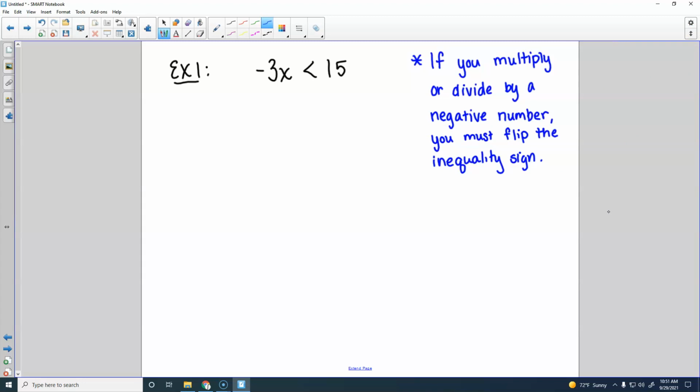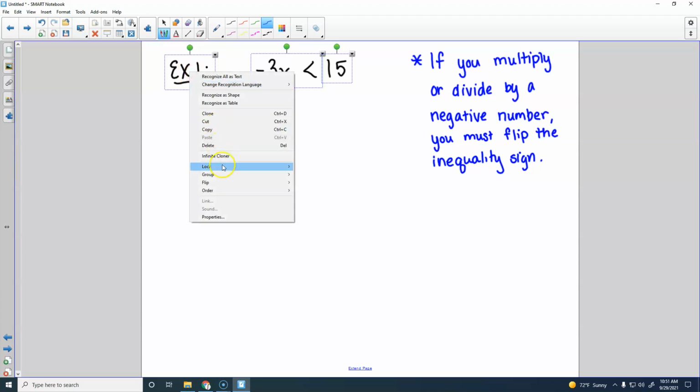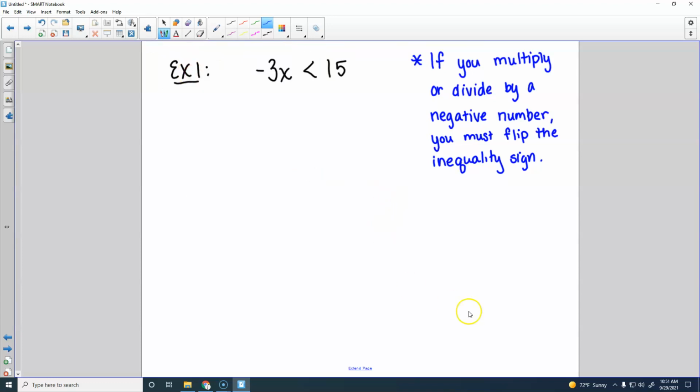Okay? So, for a second, put your pencils down. Don't write what I'm going to do because it's going to be wrong. And we're going to see why we've got to do it, right? I'm going to lock this in place so I can. Alright, so if I was going to solve this, it's a one-step equation. I got the -3 next to x.